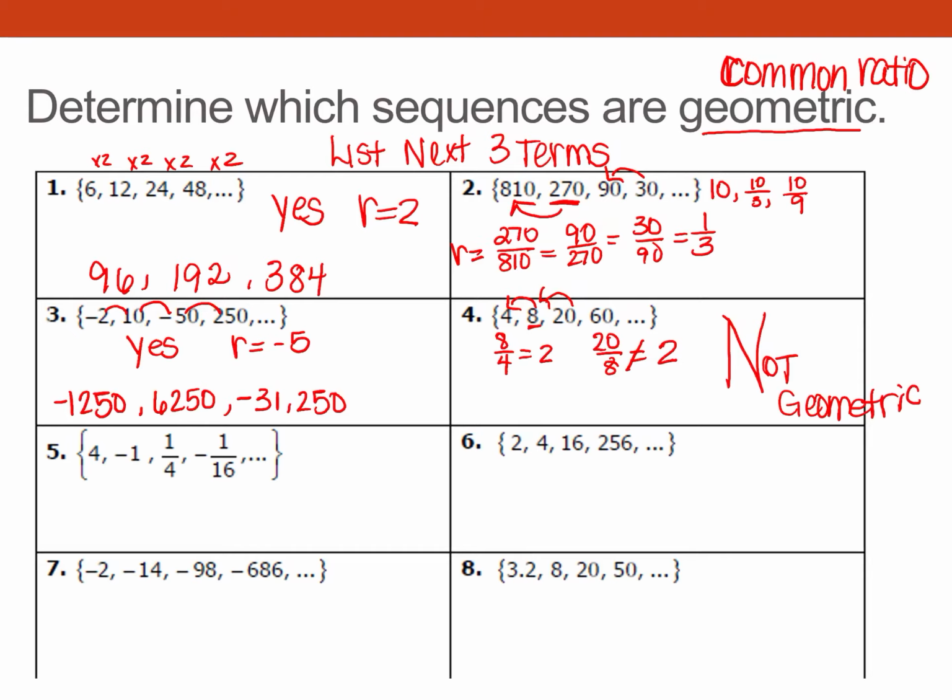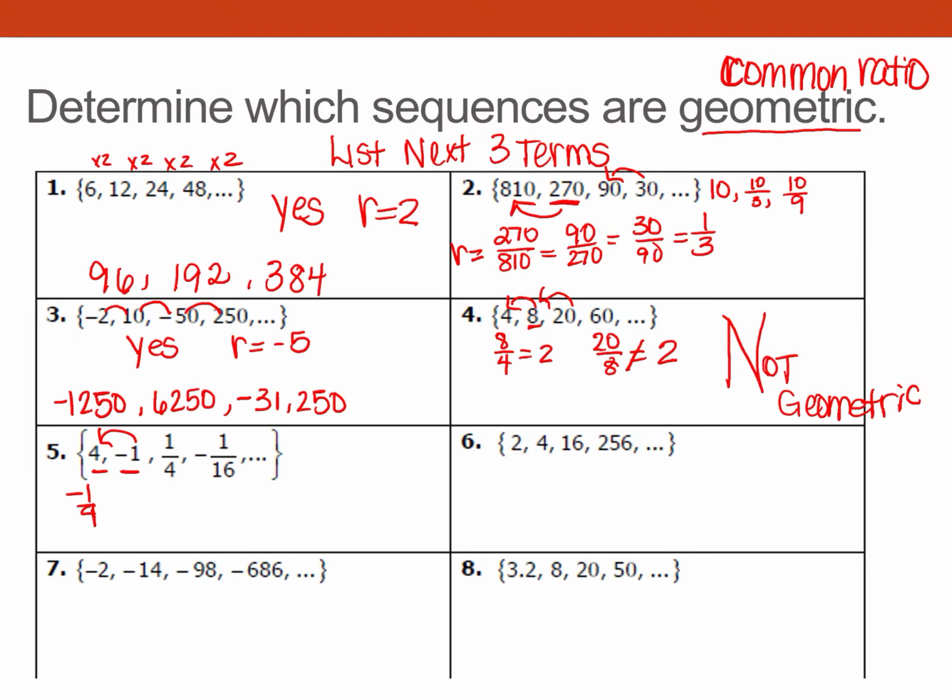Our next one is question number 5, and if you look at it, it is being multiplied by something. Let's try it. Let's try -1 divided by 4. If I multiply the next term by -1/4, do I get it?